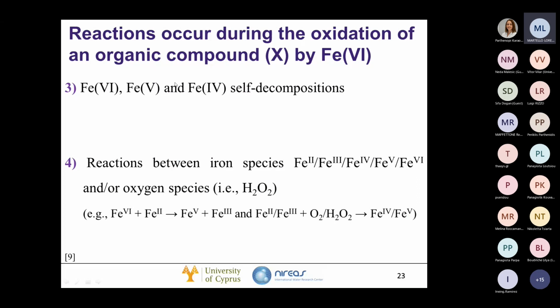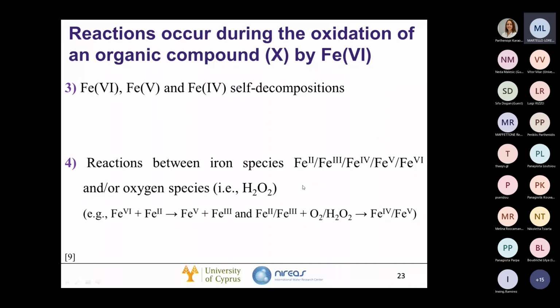So maybe the acid retards the self-decomposition of iron 4 or iron 5 but enhances the decomposition of iron 6. All this may happen at the same time in a reaction system like that, but these are all possibilities. And finally, there can be reactions between the iron species to form iron 4 or iron 5, and also some interaction with the oxygen species, which is most likely not the case based on the experiments we did in the presence of nitrogen.